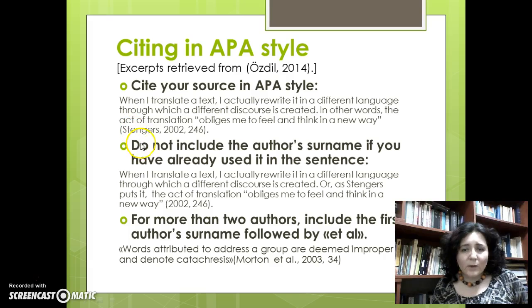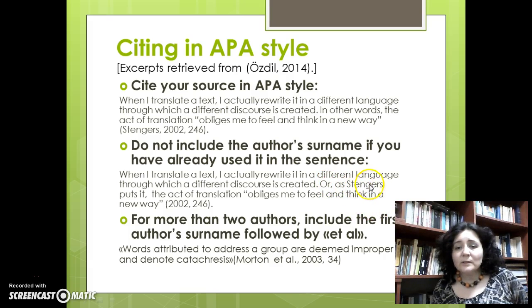Now, if you have already used the surname of the writer, just like this case, as Stangers puts it, "the act of translation obliges me to feel and think in a new way." So here you have the quotation marks, and she used the writer's surname here.